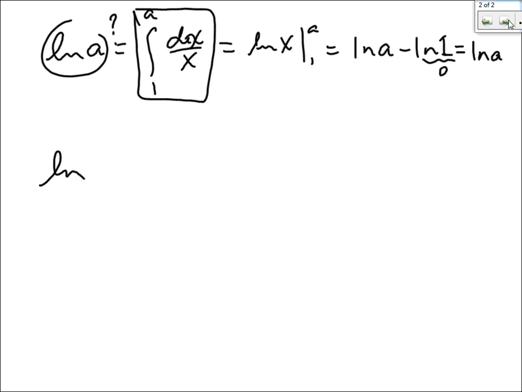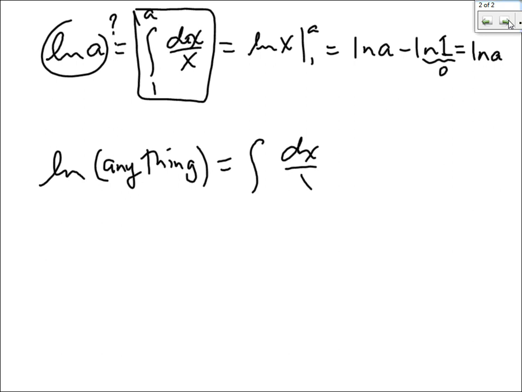So now, basically, for ln of anything, I don't care what argument I put in, this is going to be the integral of dx over x from 1 to the anything.